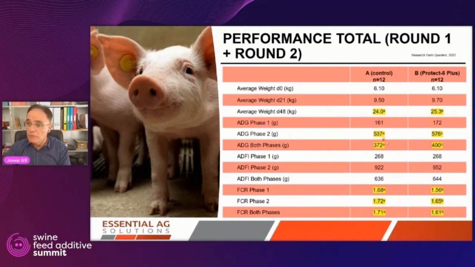Okay, this actually makes sense. There was no difference in feed intake, which would make sense if you think that what the product is doing is basically improving the gastrointestinal tract, limiting the inflammation coming from LPS. So there is a better absorption of nutrients and better use of those nutrients for growth.